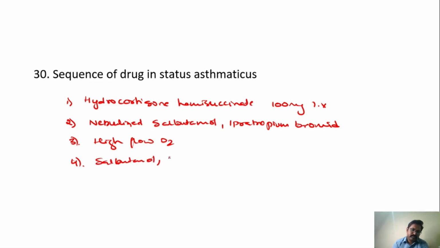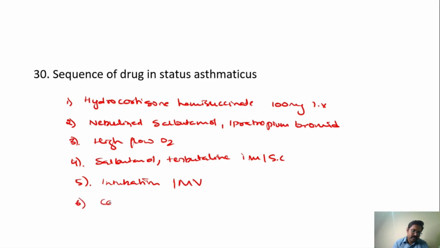Then you can go with salbutamol as well as terbutaline, which can be injected through IM or subcutaneous routes. So if the nebulized salbutamol or ipratropium are not effective, you can add on salbutamol and terbutaline IM or subcutaneous injections. Next you can go with intubation as well as mechanical ventilation.